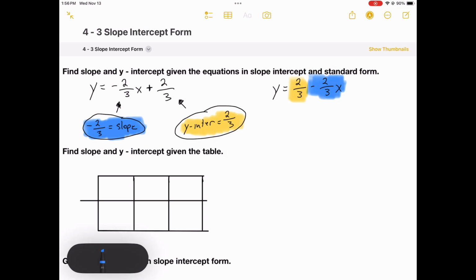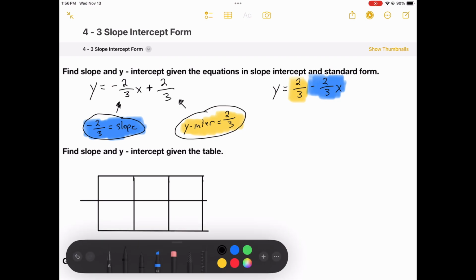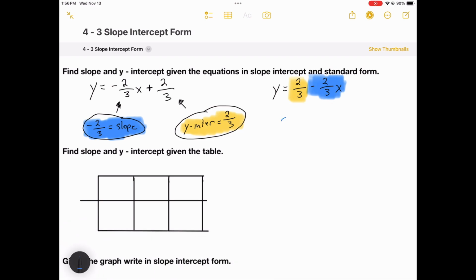Next is sometimes they'll give you an equation in standard form, and it's going to want you to find the y-intercept. Some of these will be hard, some of these will be a little bit easy. Let's try to give it a little bit more difficult one. So let's do 2x plus 3y equals, and let's just say, I don't know, 8. That would give us a hard one.